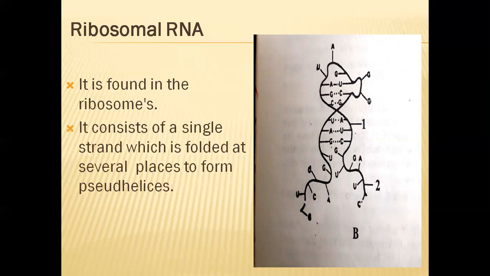Where the pseudo helices form, there the purines and pyrimidines follow the Chargaff rule, that is, they are present in equal ratio: one purine, compulsorily one pyrimidine. Only in the places of foldings, the bases show complementary pairing due to the formation of hydrogen bonds.